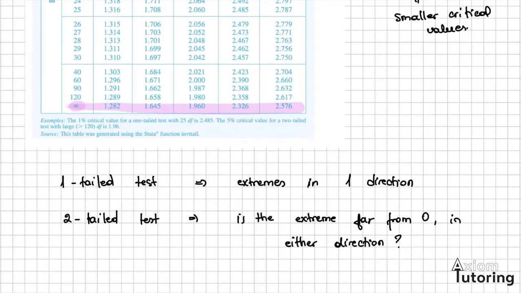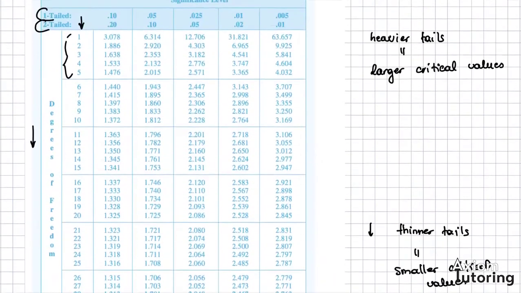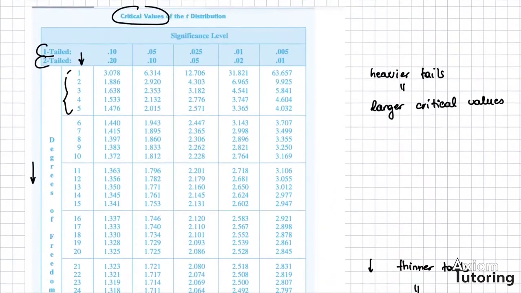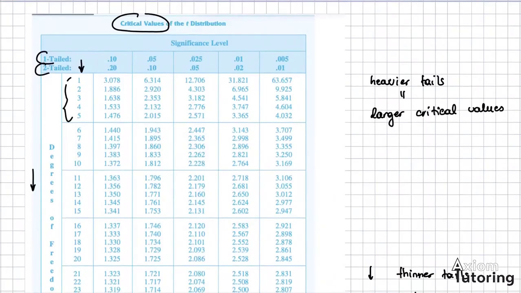Now, because the t-distribution is symmetric, keep in mind that a two-tailed test splits the probability across two tails, and a one-tailed test puts it all in one tail. So the reason why you have, for instance, for a one-tailed, a 10%, while for this one, a 20%, is exactly because of this relation and because the t-distribution is symmetric.